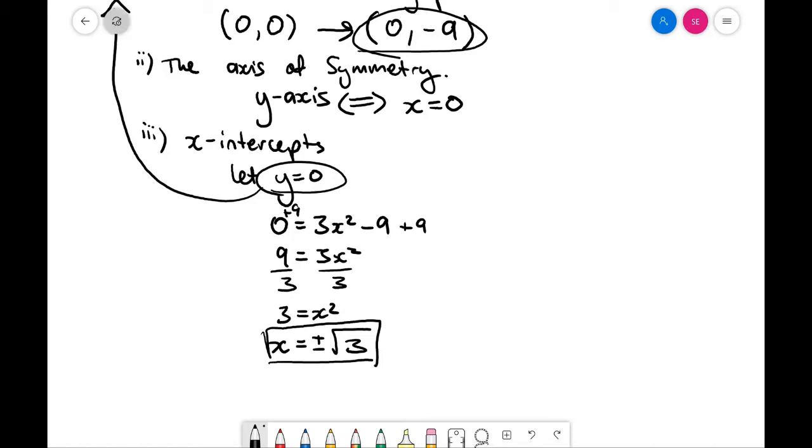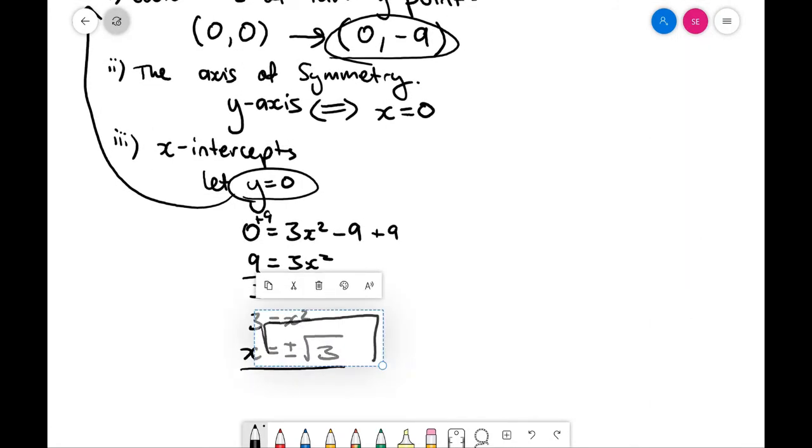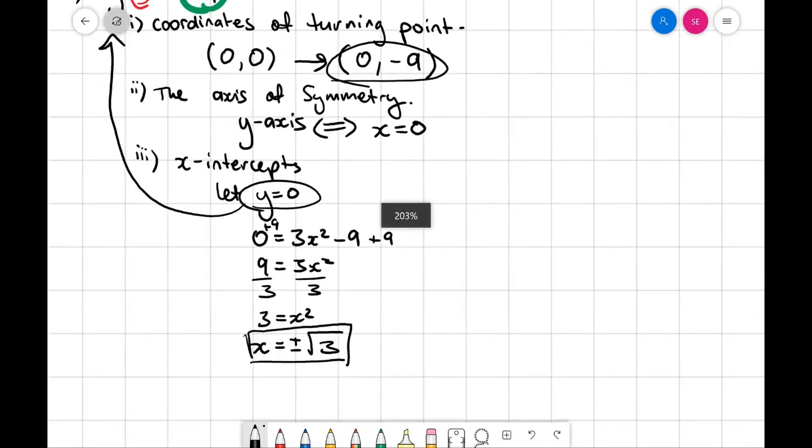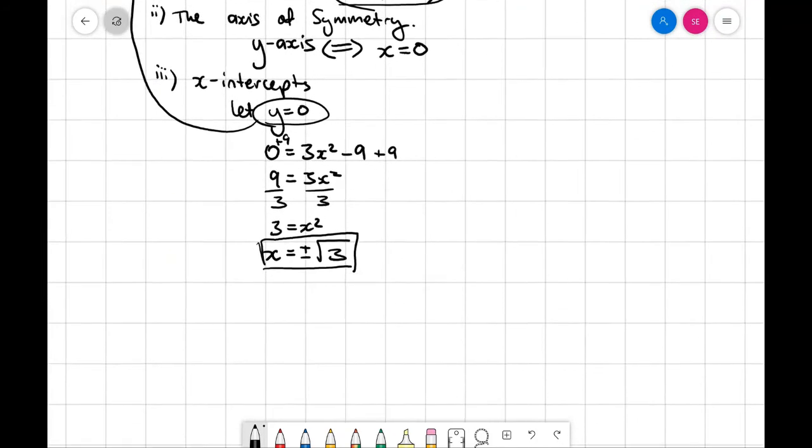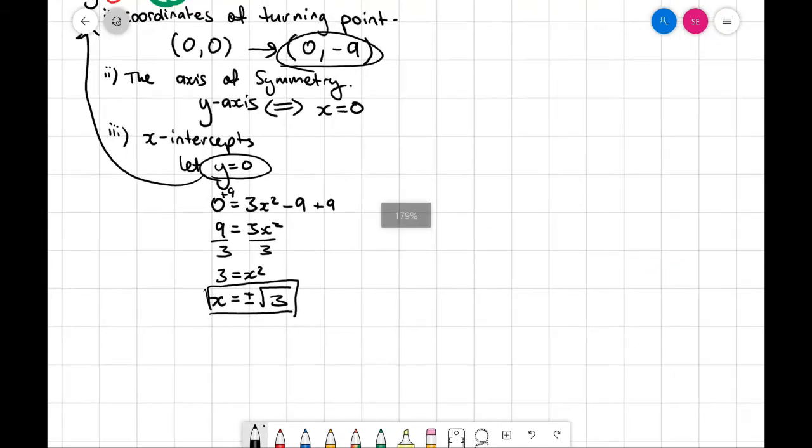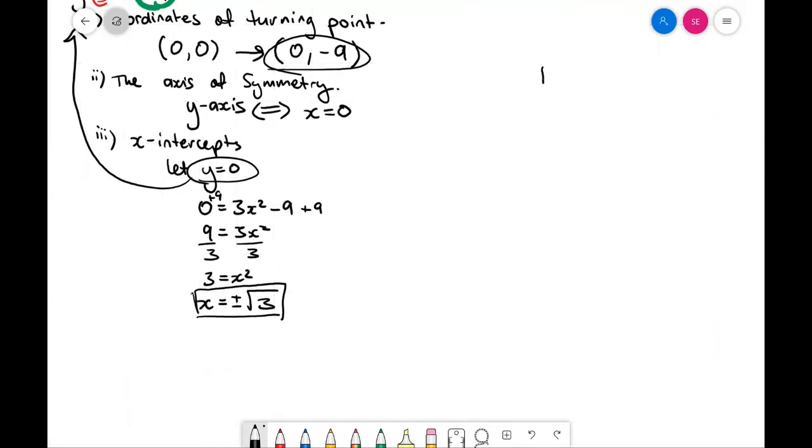Okay. Now we have enough information to graph the parabola. So I'll draw up our Cartesian plane. All right, so we know the turning point is at 0, minus 9, just here.